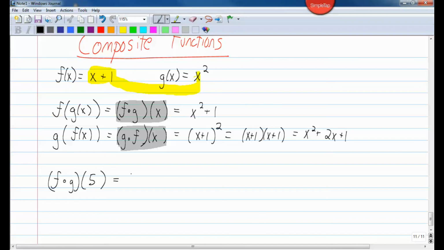So up here where I found f of g of x, now take that and plug in a 5. So this would be 5 squared plus 1, or 25 plus 1, which is 26.